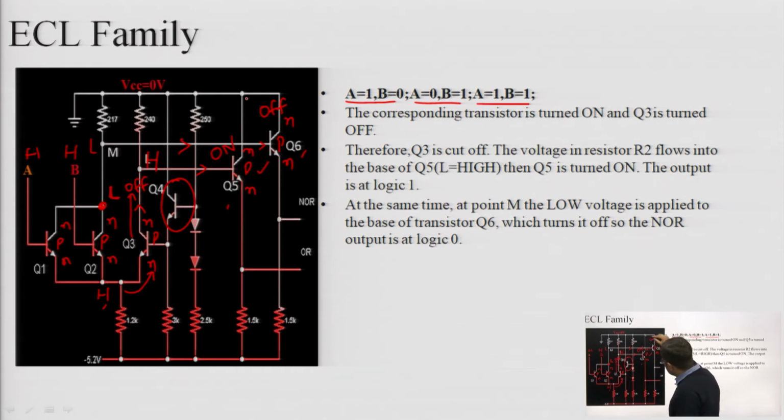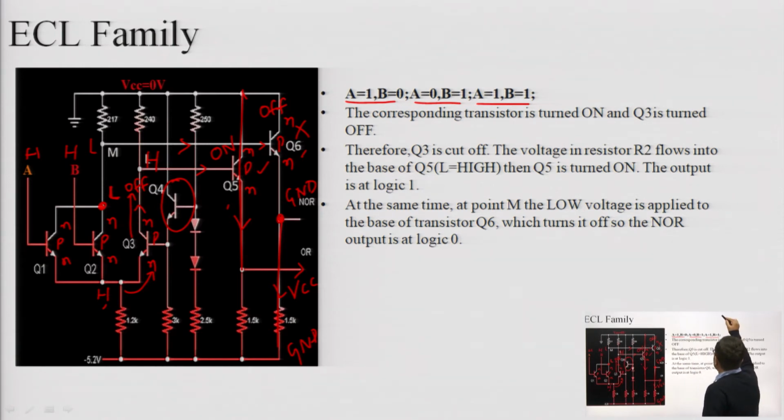So if Q5 is conducting, that means this prepares a path for VCC connection, that means OR will be getting VCC, and this Q6 is not conducting. If this is not conducting, then this can be connected to ground only. So that means Y NOR, this terminal will be connected to ground. Okay. So we can summarize as, if A, B are 0, 0, 1, 1, 0 or 1, 1.